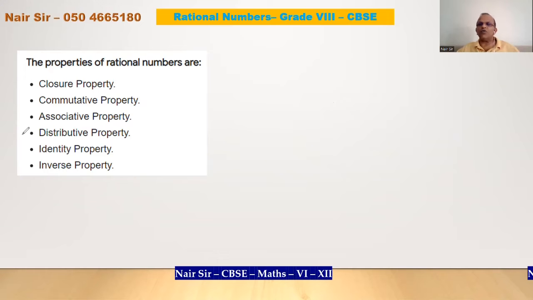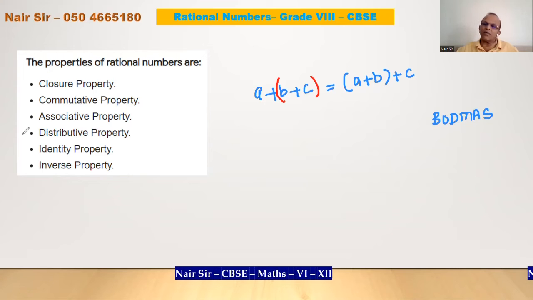Now let me talk of associative. Associative property is A plus B plus C. Do you remember something called BODMAS? When you were studying in grade 5, 6, you studied it.